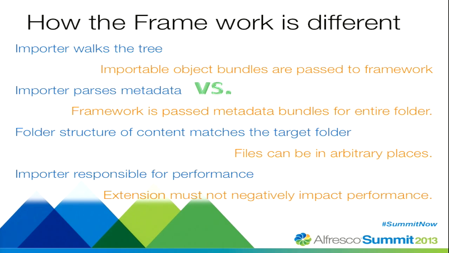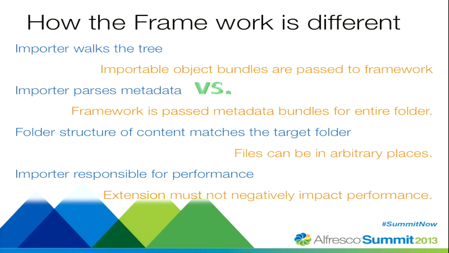In the framework that I'm looking at, we have importable object bundles that are passed to the framework. Rather than the framework walking through the folder tree, the thing driving the framework says, here's a bundle. The bundles would correspond to a folder at each level. You say, okay, here's this level, process that. Here's one of its children, and you would go down systematically.